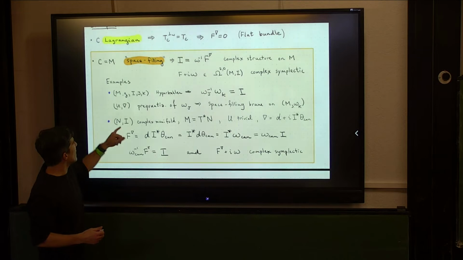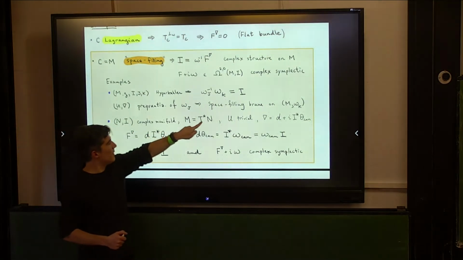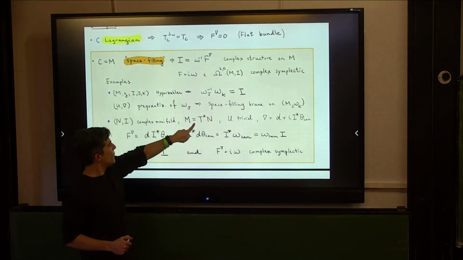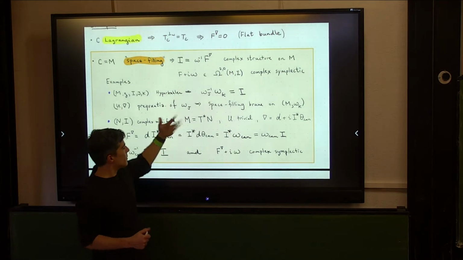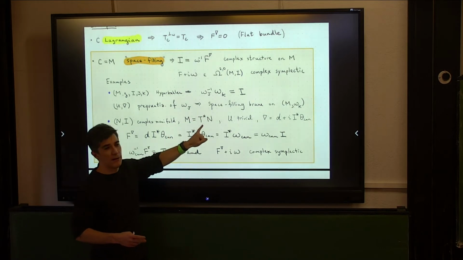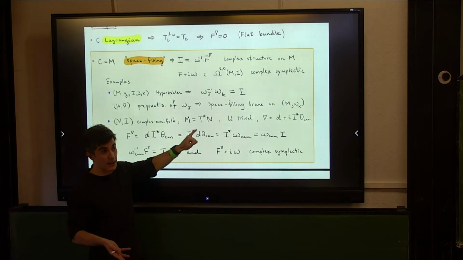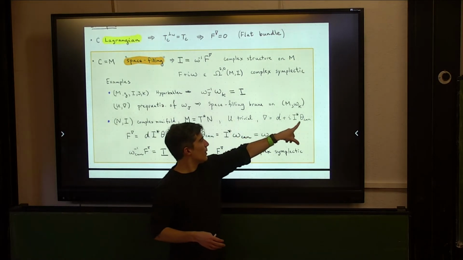Another example is if you take a complex manifold and look at its cotangent bundle, then you can take a trivial bundle on that cotangent bundle. The point is just that the holomorphic cotangent bundle is holomorphically symplectic. And that will have a real and an imaginary part. And the real part we can pre-quantize because we have a canonical one form.